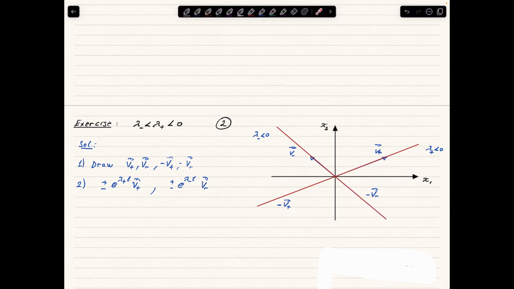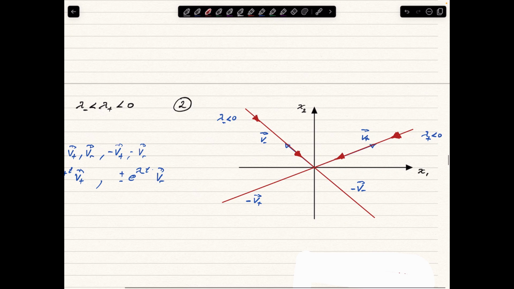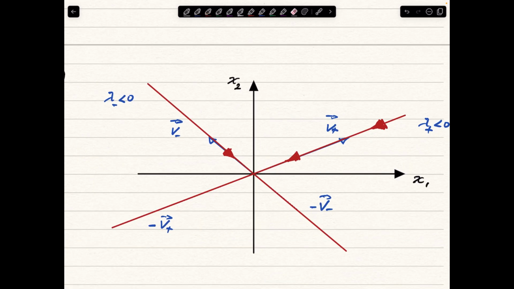But what is the direction of increasing time? Recall, all these numbers are negative, so when t increases, these factors shrink. They become smaller and smaller, so the direction of increasing time actually is towards the origin now, in all these solutions. Doesn't matter where you are, you go towards the origin now.